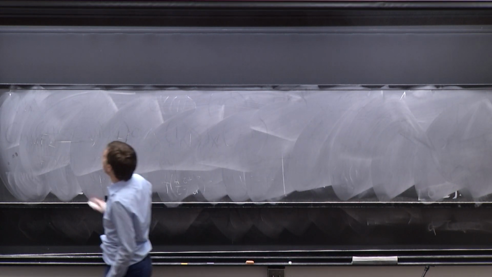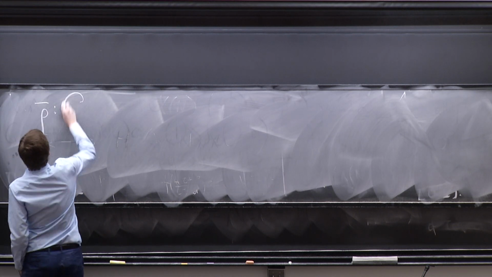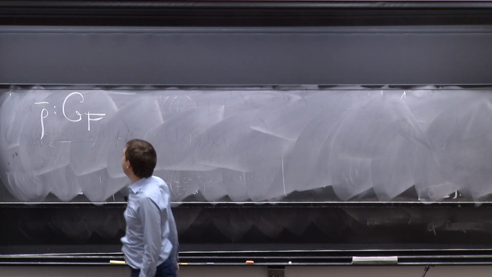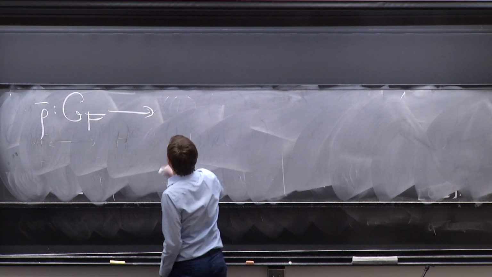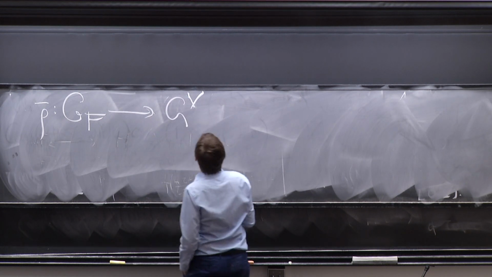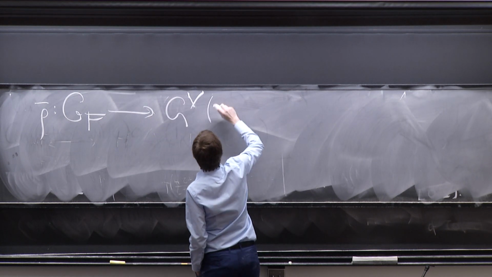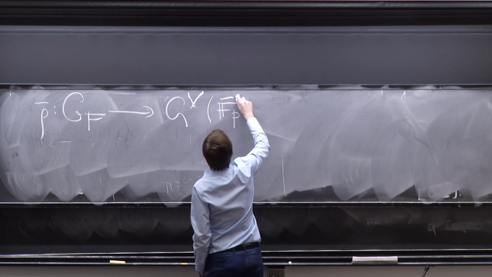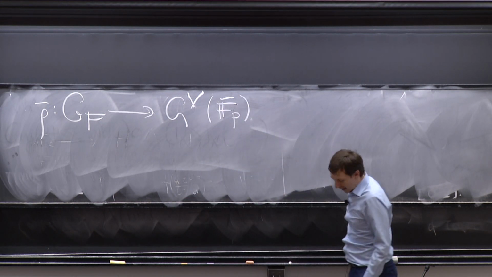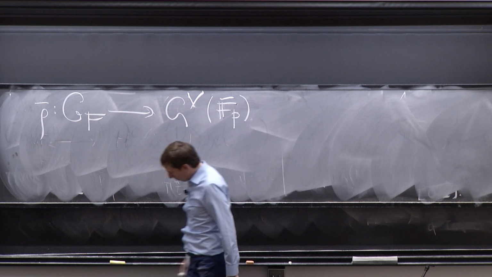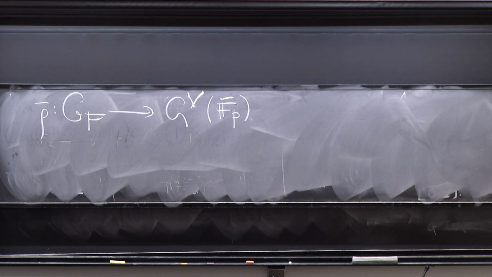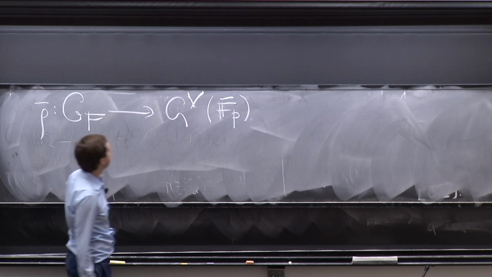Okay, so let's suppose we have a residual representation of the Galois group of a number field mapping to, let me just say, the dual group of G over F_p bar. So I'm just imagining G as some nice split reductive group, and G dual is just the Langlands dual. If you want to, you could just imagine G as GL_N, and G hat is also GL_N, and that would still be a very interesting case.